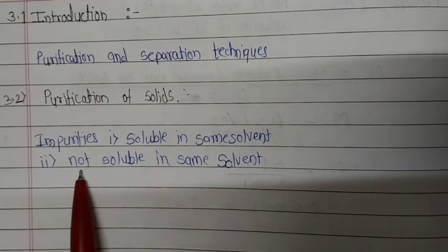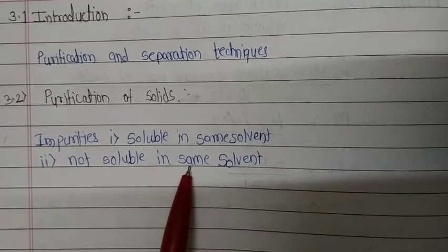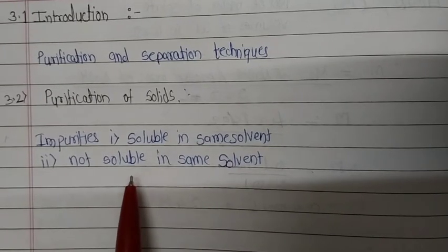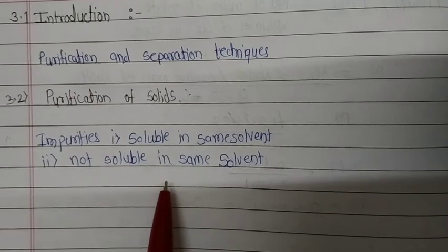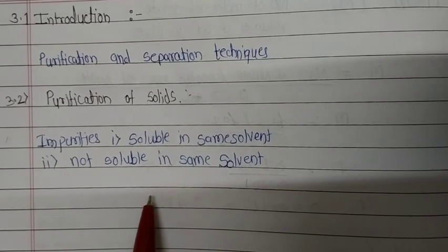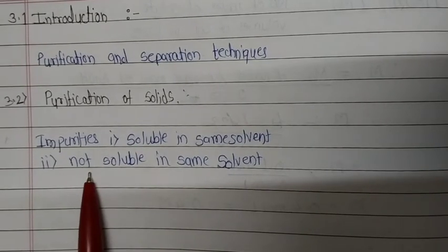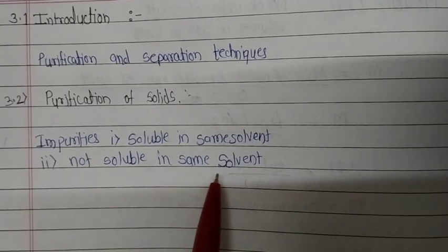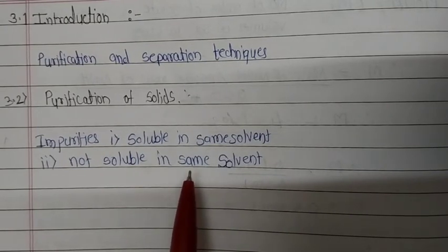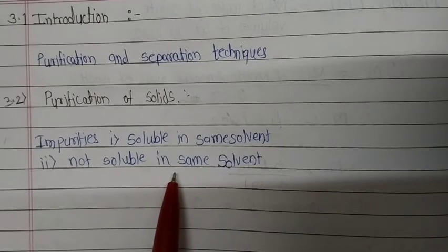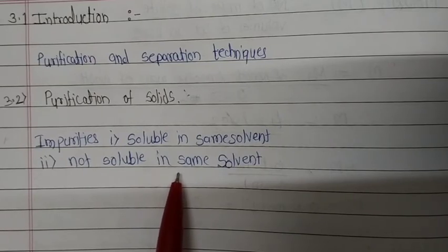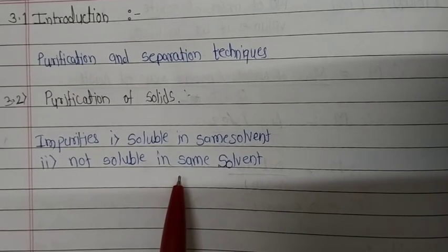The second type can be separated easily by using a suitable solvent to dissolve the main compound, while the impurities remain undissolved and can be separated by the simple process called filtration.